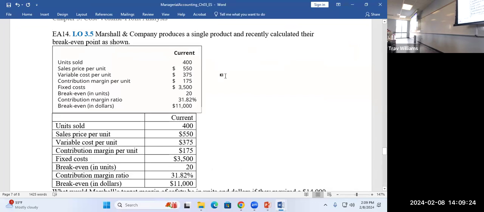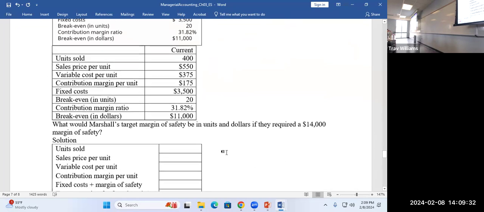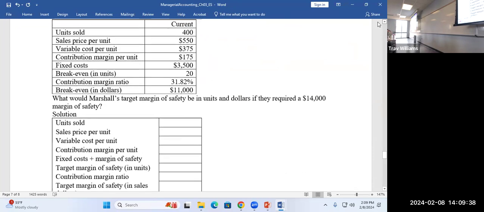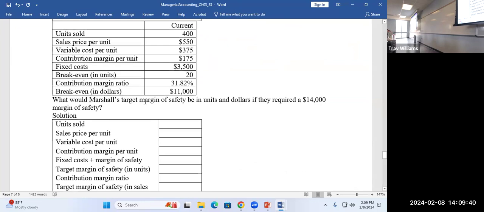So here's our data. This is actually repeated down here in this table. We really don't need that image up there. The question is, what is the company's target margin of safety in units and dollars if they required a $14,000 margin of safety?